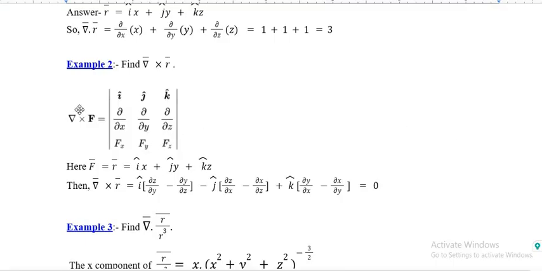So the curl is given as, first we consider this section. When you are finding with respect to i, this will be the operation between this direction minus this direction. So this is del z over del y, so this is z, and again del y over del z, because this is y.